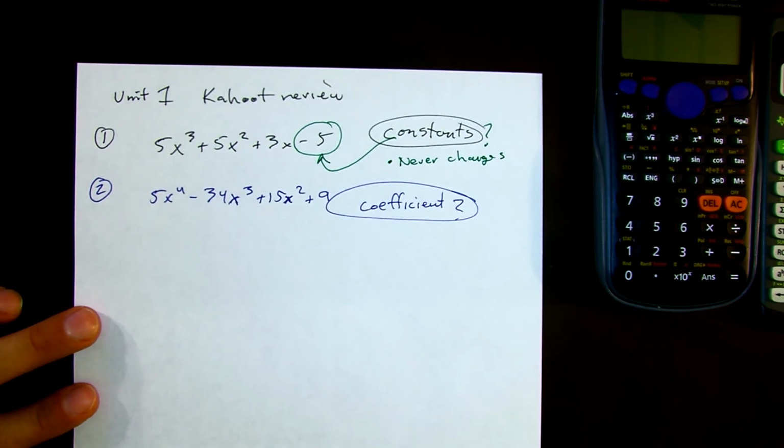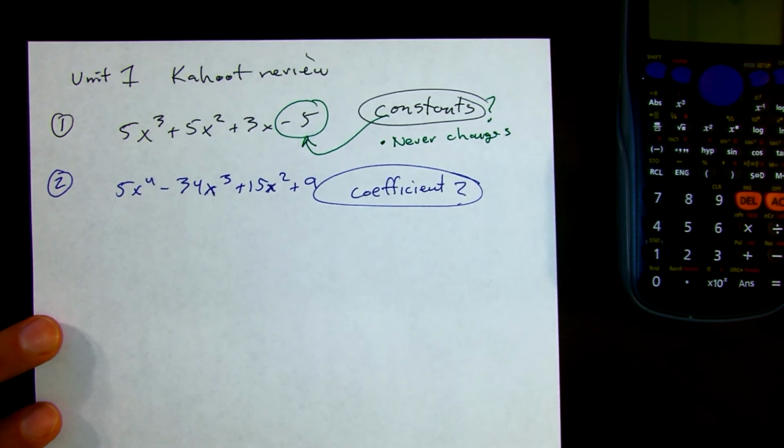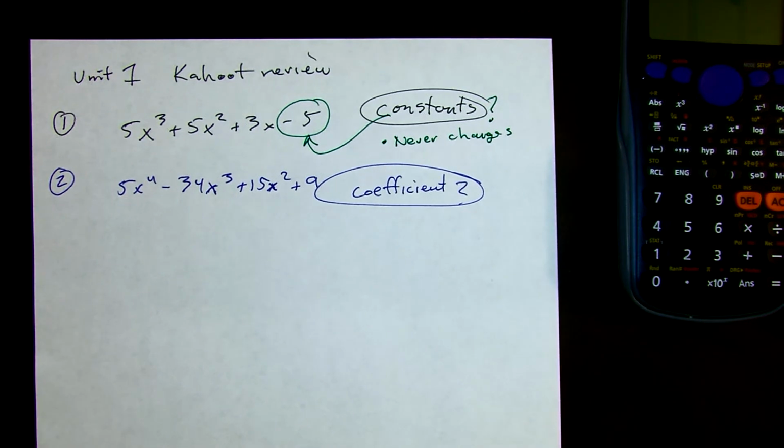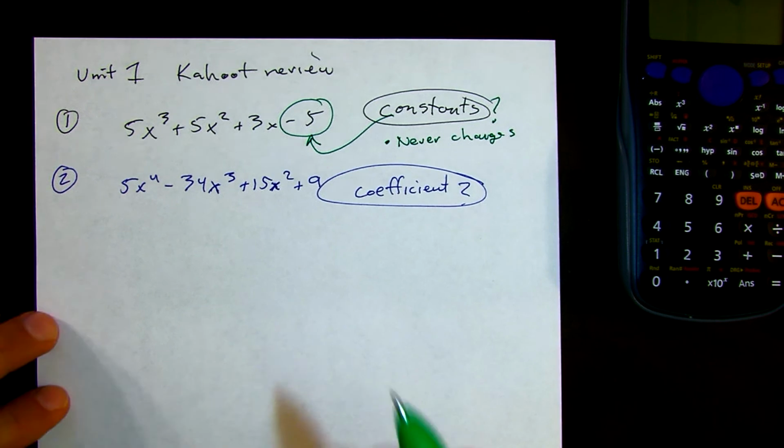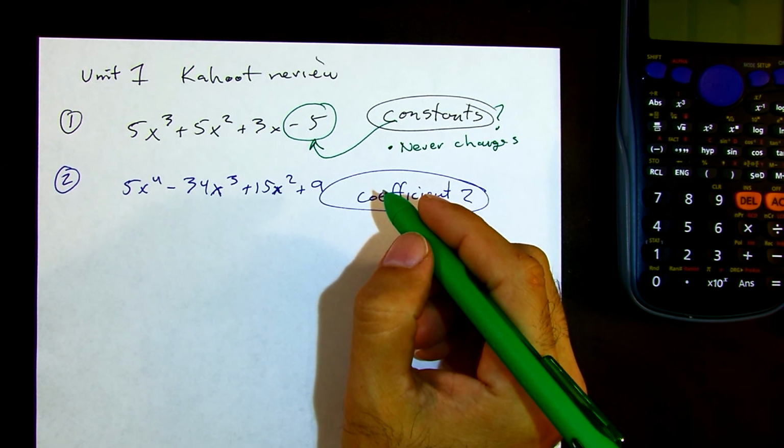Go and take a guess if you don't know by now. Pretty dang close. So I'm going to point here. The coefficients are the values just left of our variables, right in front of our variables.